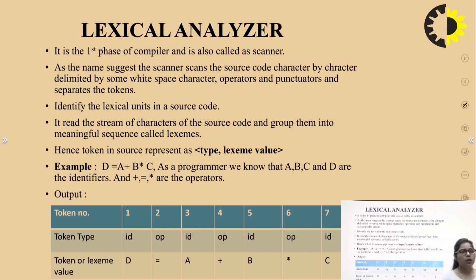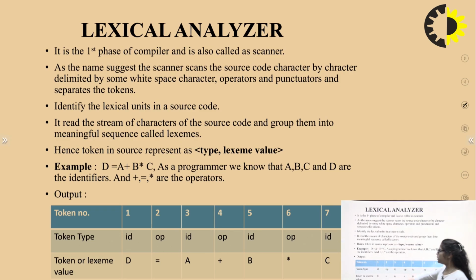For example, the token must be represented in this form: type and lexeme value. Take this example: D equals A plus B into C. As a programmer, we know that A, B and C are the identifiers and plus, equals and multiply are the operators. So we represent this in a table called the symbol table.